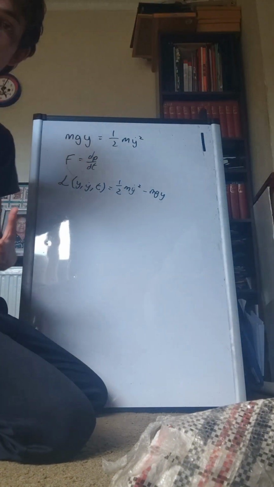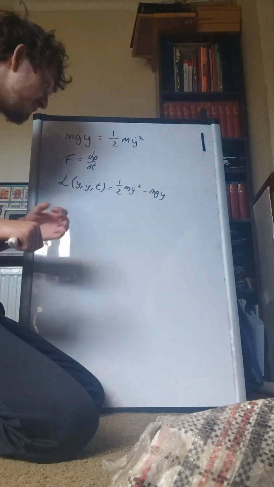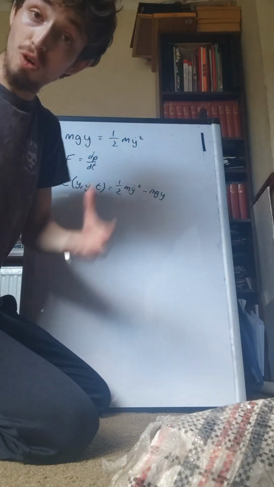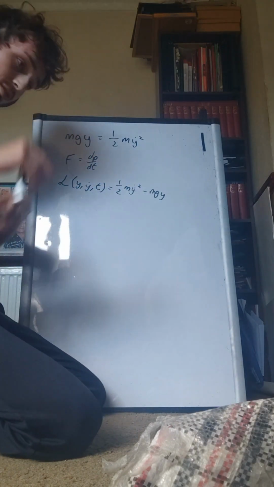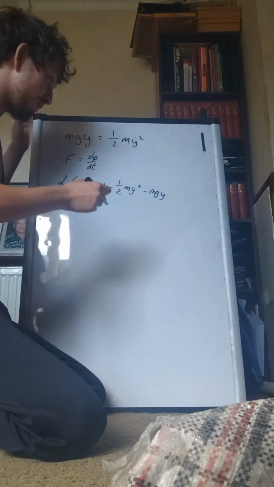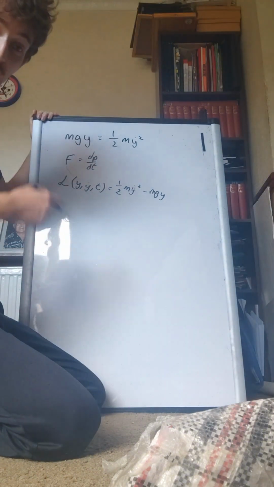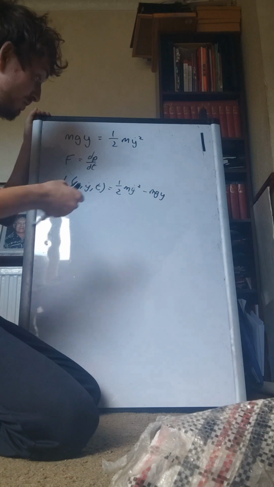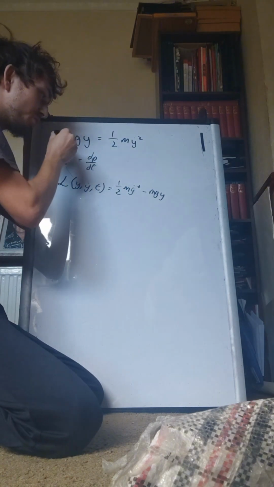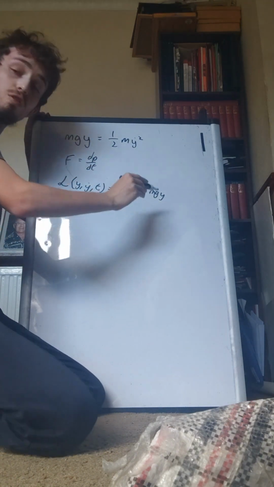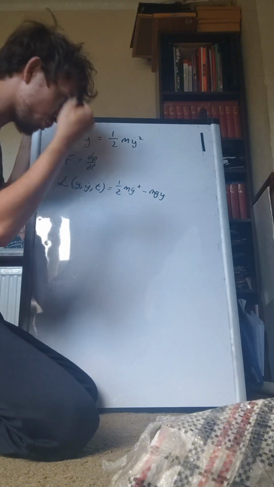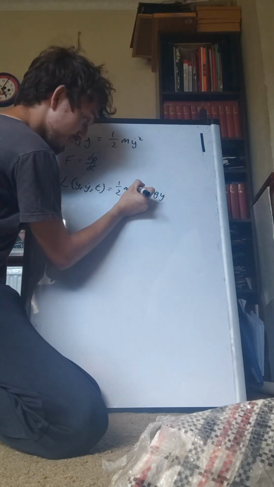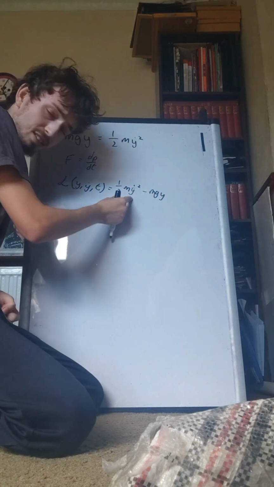I'm looking around, I'm thinking these are energies, right? Well, we know from normal physics that force is the gradient of the respective potential field, right? So gravitational potential is dV/dr, dV/dx, dV/dy, depending on whatever dimensions you're working in. So we have a potential here. So if we differentiate our Lagrangian with respect to position, just y, not y dot as given here, this side is going to go away, right?